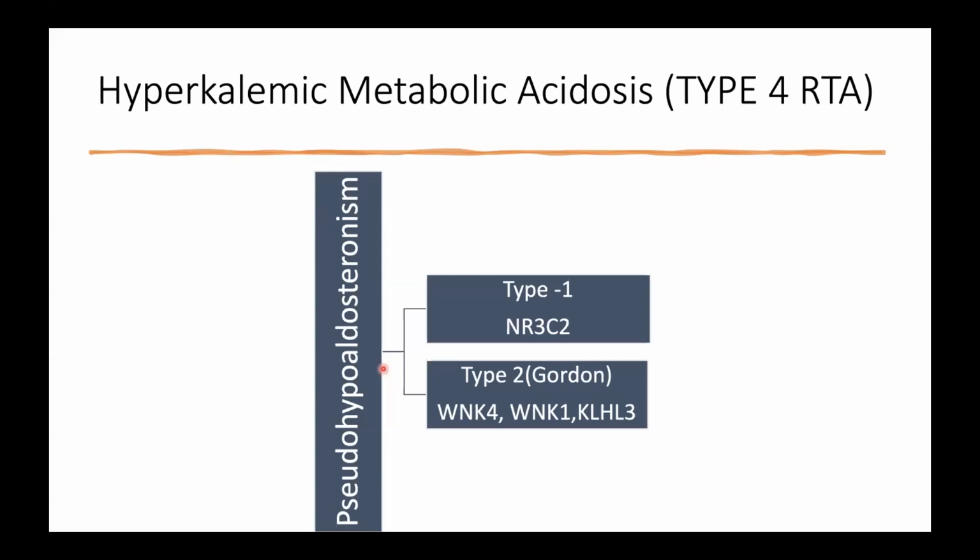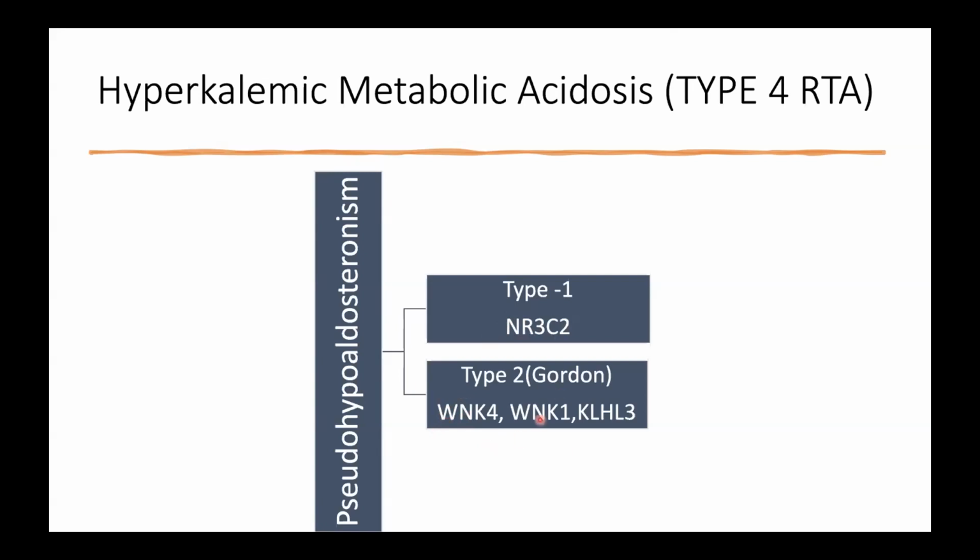This ENaC channel is also expressed in the lungs and the skin, so the patient may present with cystic fibrosis-like features. Another is autosomal dominant, where the mutation occurs in the NR3C2 gene, which affects the activity of the mineralocorticoid receptor. Then type 2 is Gordon syndrome, where the responsible genes are WNK4, WNK1, KLHL3 and CUL3, which actually inhibit the sodium chloride channel in the distal tubule.